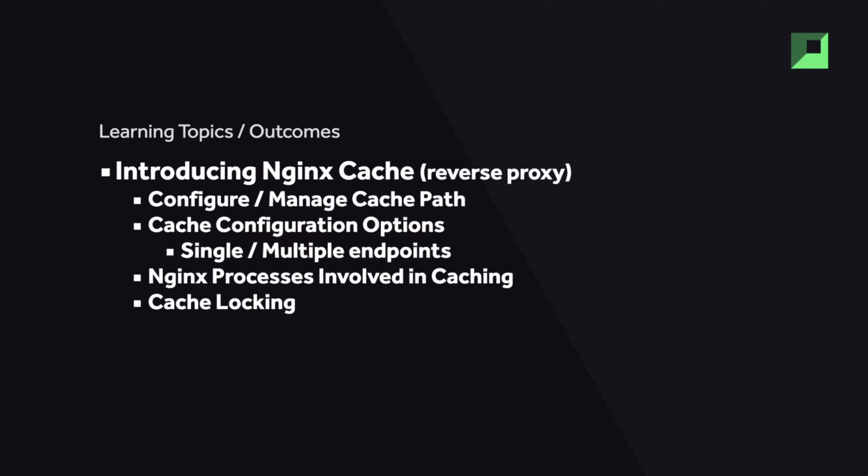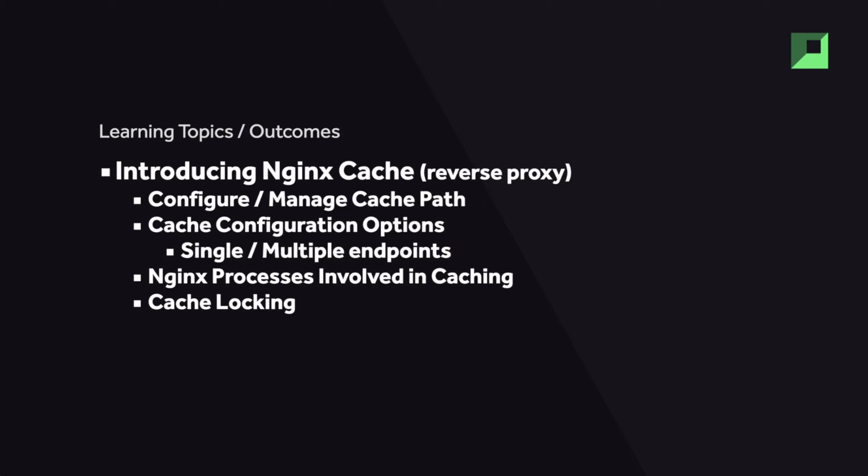I'm going to introduce the idea of Nginx Cache on our reverse proxy server. We're going to configure and manage the cache path. That's the first step. It's a mandatory step. And then we go through some of the different configuration options for both managing single and multiple endpoints so that we can have different cache settings on different directories or endpoints.